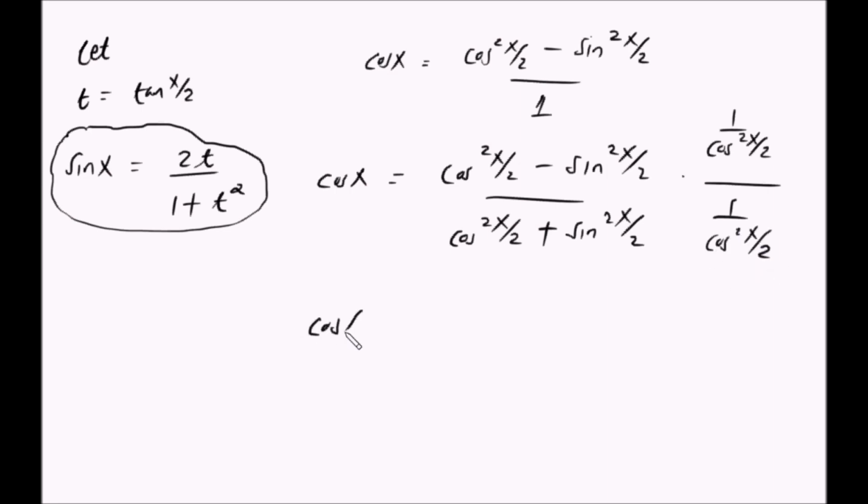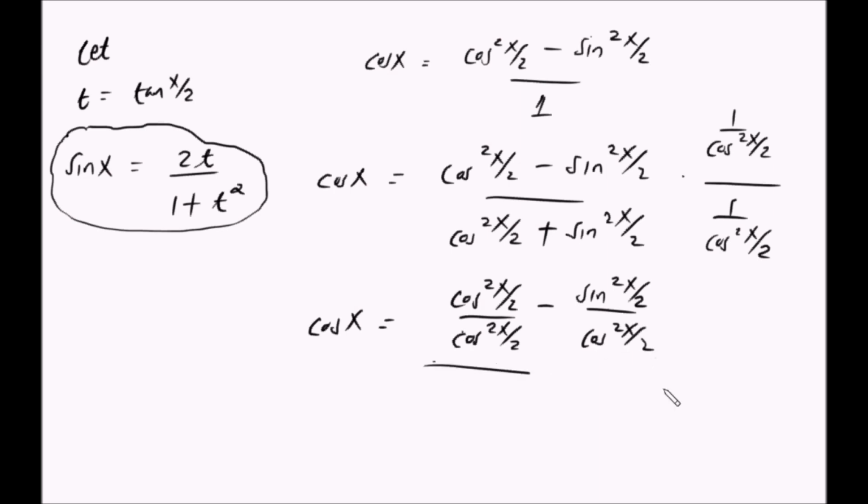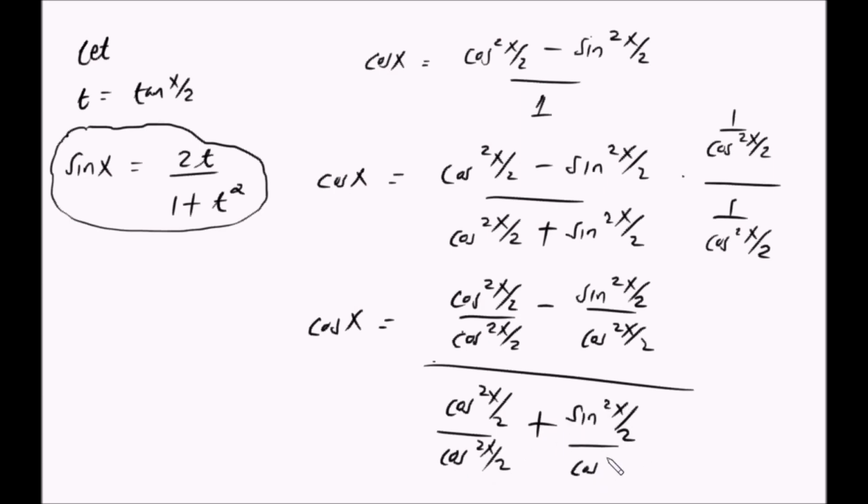So my cos x now is just going to be, on the top, cos squared minus sin squared x over 2 over cos squared x over 2, and all of this over cos squared x over 2 plus sin squared x over 2 over cos squared x over 2.